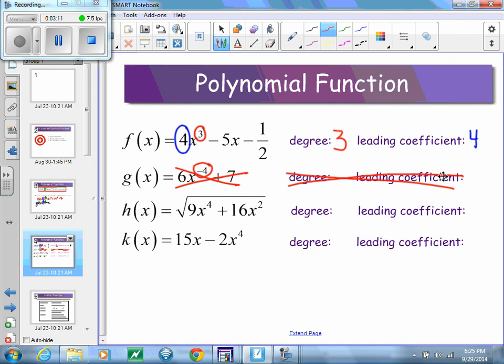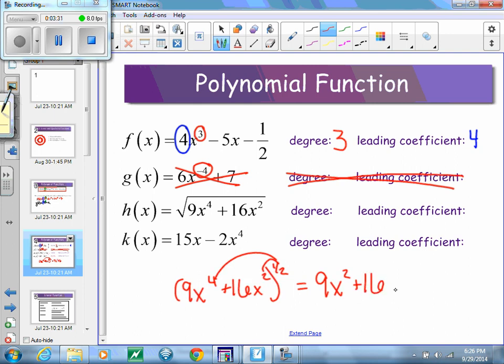For h of x, a lot of times people think that this is going to be a polynomial function because what people do is they take 9x to the 4th plus 16x squared, and they take this to the power of 1/2, and then what people like to do is distribute this, and now they end up taking 9x squared plus 16x, and so they say that this is a polynomial.